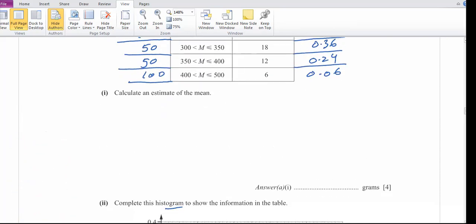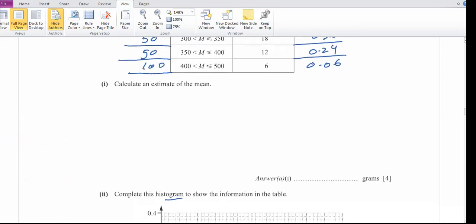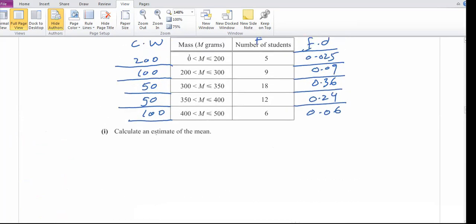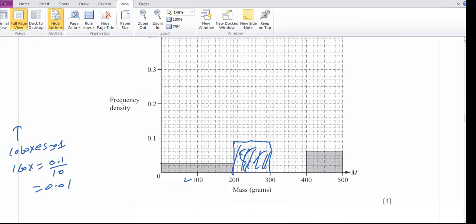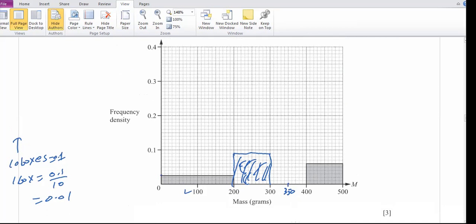Then the next one is from 300 to 350. It is from 300 to 350, it is 0.36. Okay, let's make from 300 to 350. I must check how much is each box. 1, 2, 3, 4, 5, 6, 7, 8, 9, 10. 10 boxes are making 100. It means each box is 10. So this will be 1, 2, 3, 4, 5. So 350 will be here. Now from 300 to 350, what is the frequency density?